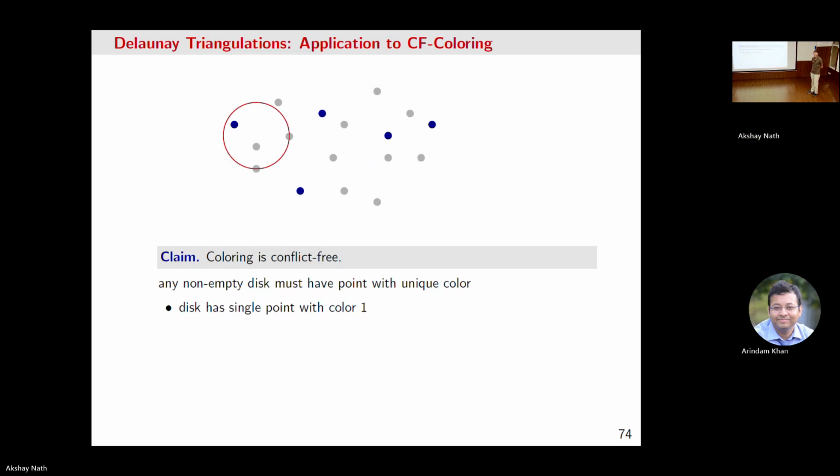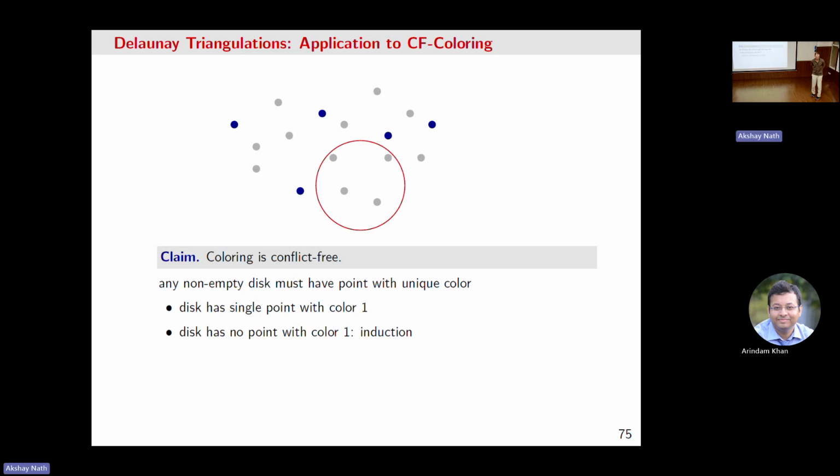So let's do some case analysis. I look at the disk. If I'm lucky, it has 1 point with color 1. Okay, that's that. If you don't have any points with color 1, okay, there's still some points in there, right?